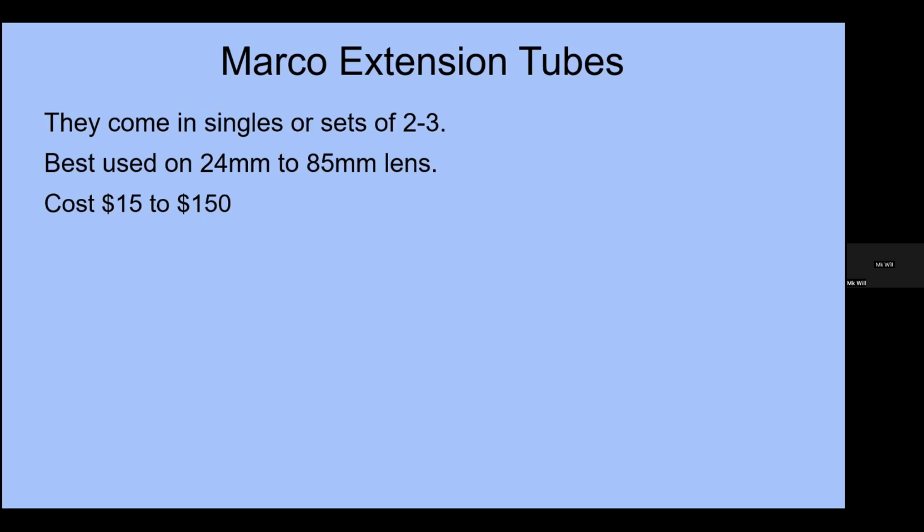If you start adding 85 into it or 100 into it, you only get like 0.6 if you have 100. So if you stay within the 24 to 85, you're going to get some increased, or relative, magnification. That's what's going to happen.